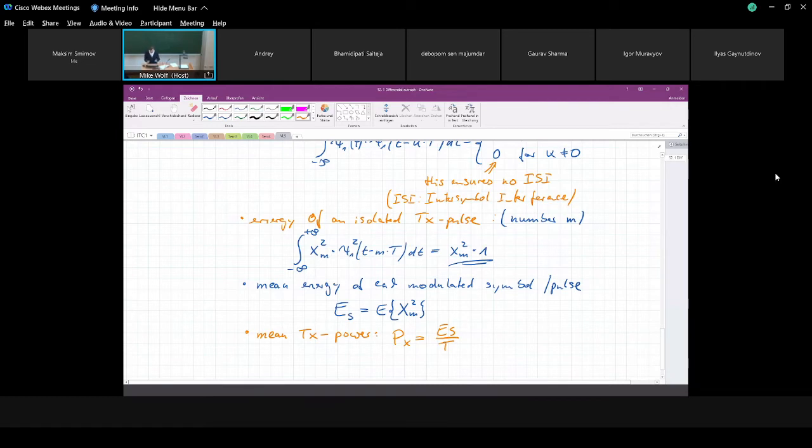We say the expected value of these modulated symbols is just the energy per symbol interval, per modulation interval. This means the mean transmit power is just this energy divided by capital T, and capital T is our modulation interval.